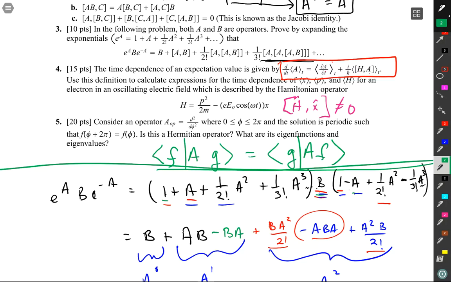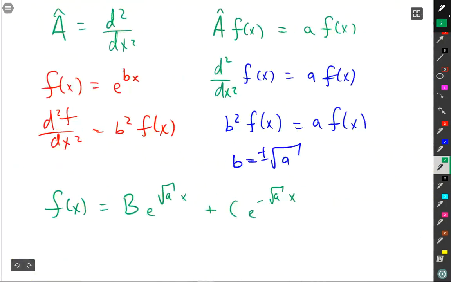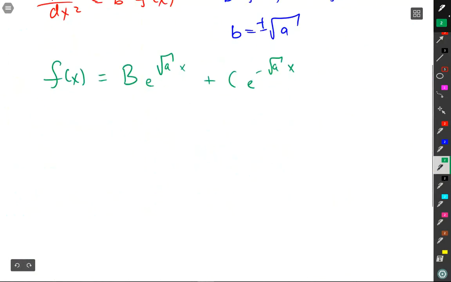So we don't have that rule about going to 0 at infinity. Remember that was a rule we had before? Now we have that it has to repeat. So that's required.